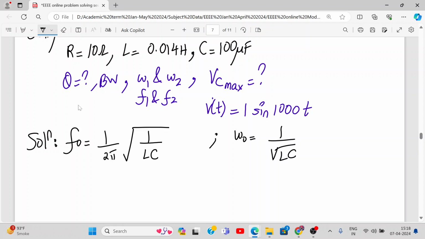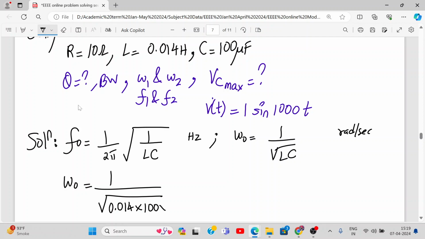This will be in hertz, this will be in radians per second. So let's find omega naught because it's easier. 1 upon square root of L, 0.014 into 100 microfarad. Tell me this answer quickly.